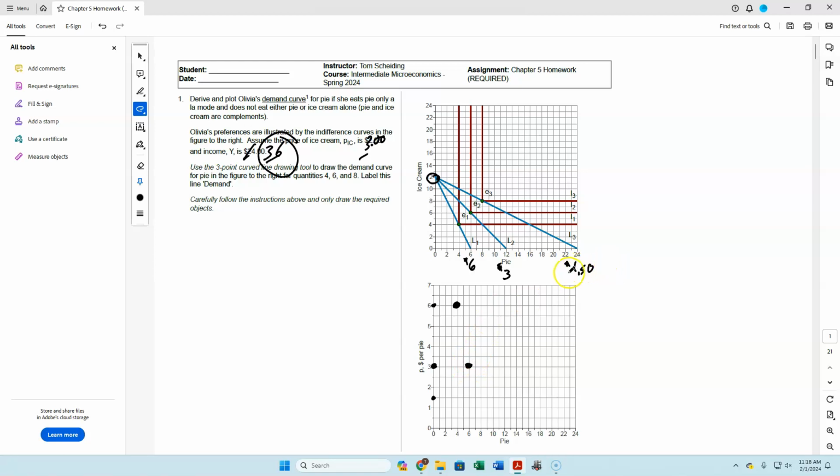And when my pie is $1.50, my optimal number of pies is 8. And then we connect the dots, and there would be my demand curve.